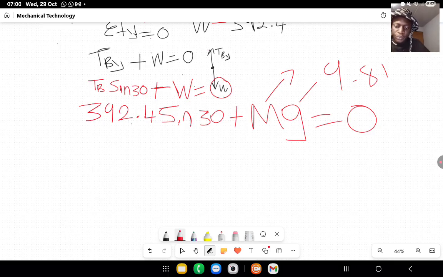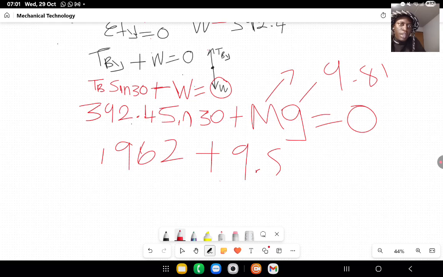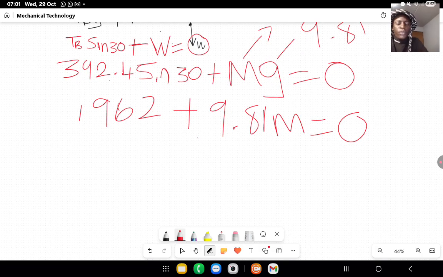Sin 30 gives us 1962 plus 9.81 mass is equal to 0. Because weight is going down, it's going to be negative.